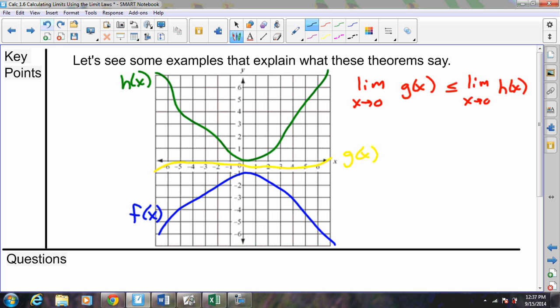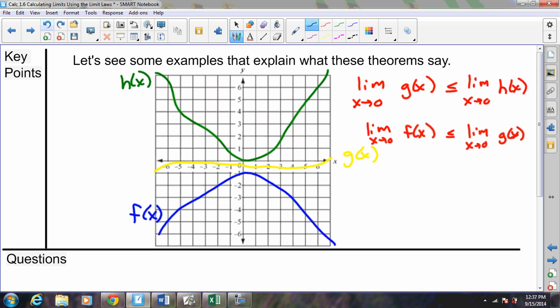But at the same time, we also know that the limit as x approaches 0 of f of x still has to be less than the limit of g, because yellow is still higher than blue.